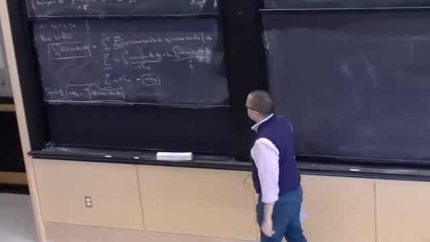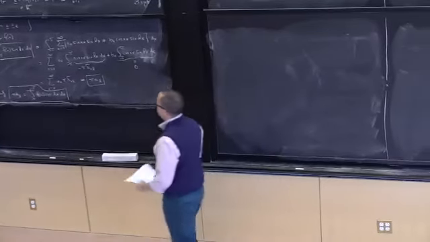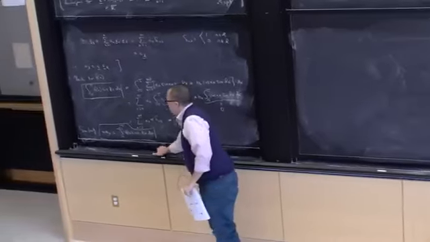Okay? The b sub L's and a sub L's are referred to as the Fourier coefficients of the function f.